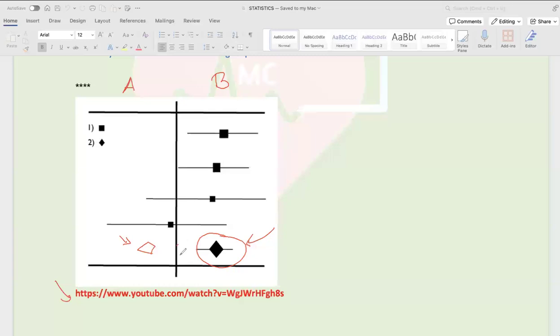If it is in the middle, then you can't say anything. It is not significant. Okay? That's what you really need to remember from forest plot. There is a lot to learn from here, but it's not really needed for your exam. All you need to know is what it really means. So look at this diamond, don't look at the others, and that will make sense.